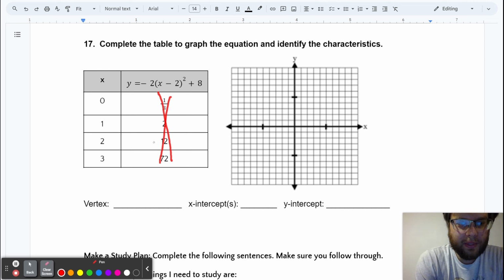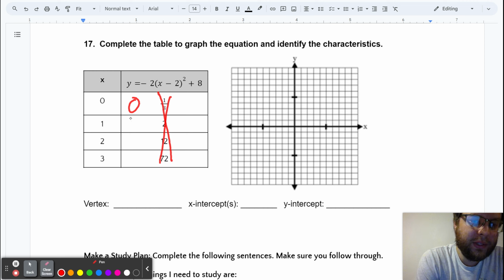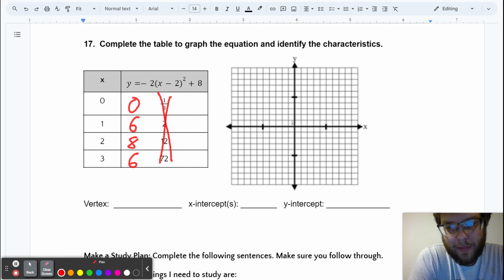Okay, let's plug in 0. 0 minus 2 squared is 4 times negative 2 is negative 8 plus 8 is 0. 1 minus 2 squared is 1 times negative 2 plus 8 is 6. 2 minus 2 is 0, squared is 0, times negative 2 is 0, plus 8 is 8. And then this one's going to be 6 again. So I have 0, 0, 1, 6, 2, 8.